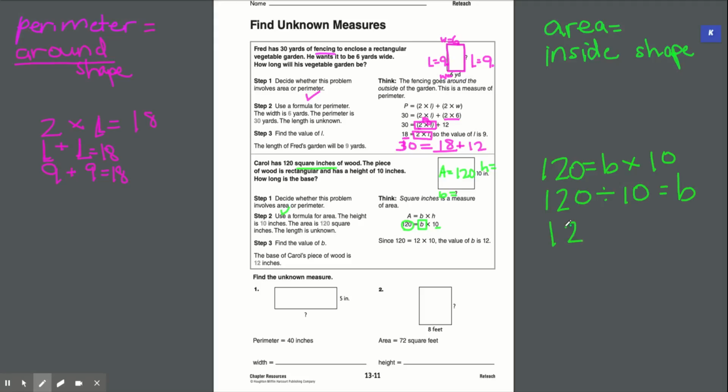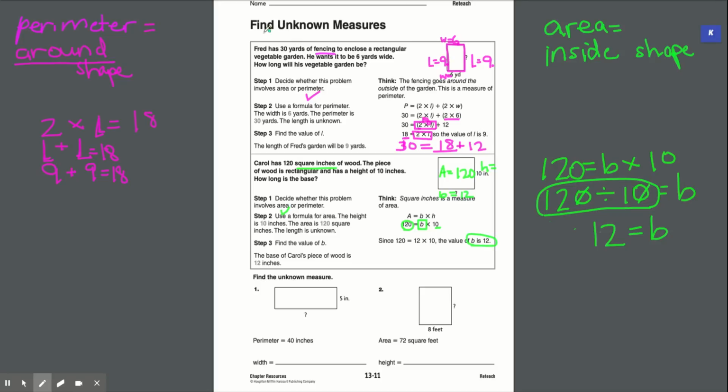What will you get when you solve for 120 divided by 10? That's going to equal 12. Therefore, 12 is the base. And that's how they got it here. Since 120 equals 12 times 10, the value of B is 12.